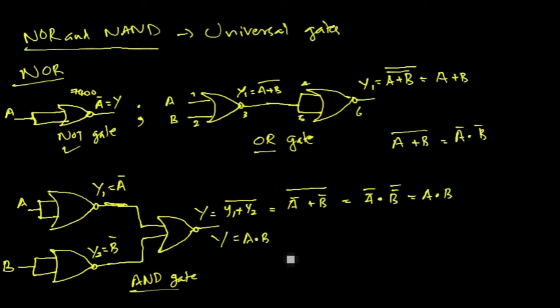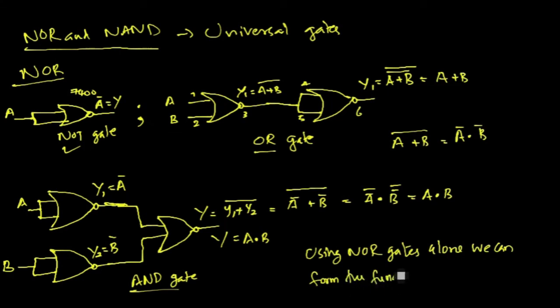So what we can conclude here is that using NOR gates alone we can form the fundamental gates or basic gates. That's why this NOR gate is called a universal gate.